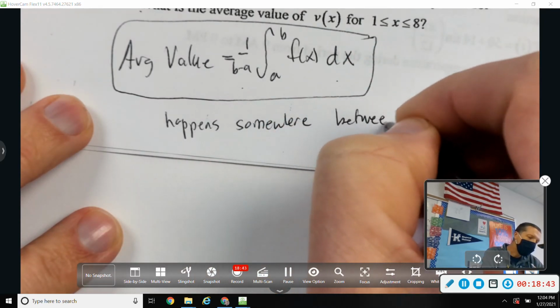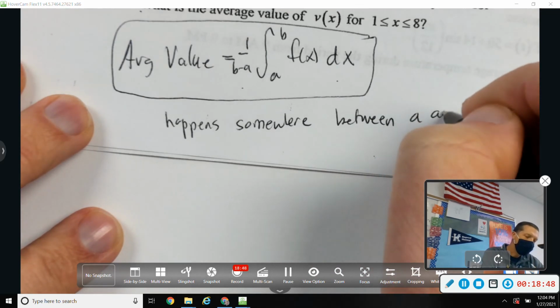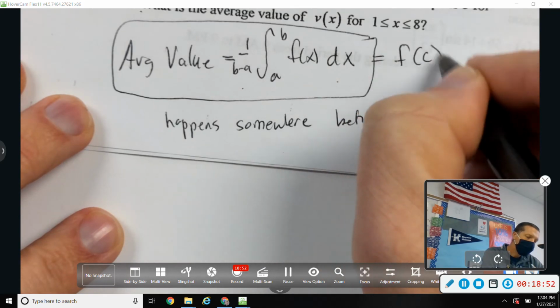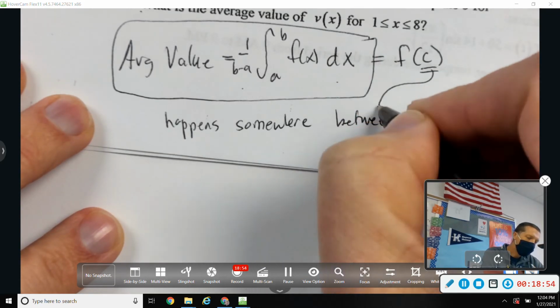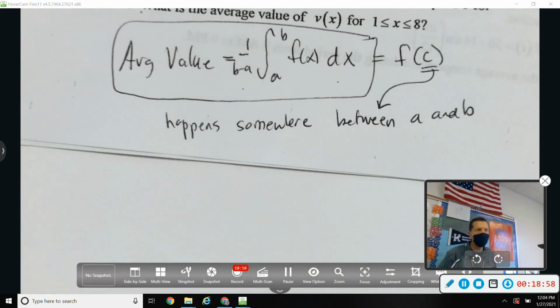That's the intermediate or the median value theorem part. C is somewhere between A and B. That's the median value theorem part.